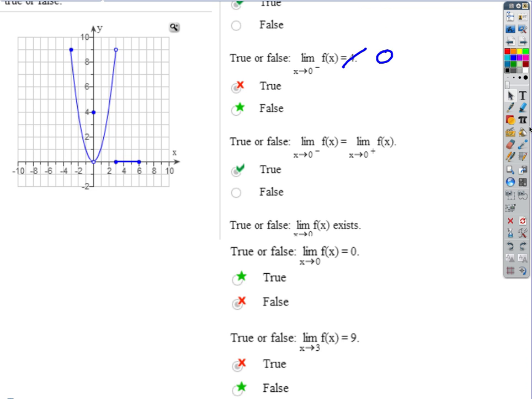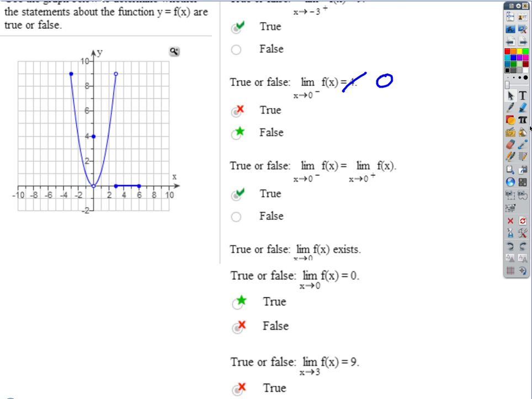Okay? Next one. True or false, the limit of f of x as x approaches 0 from the left equals the limit of f of x as x approaches 0 from the right. That's true, isn't it? From both directions, the ants anticipate stepping on y equals 0, right? So that's true.